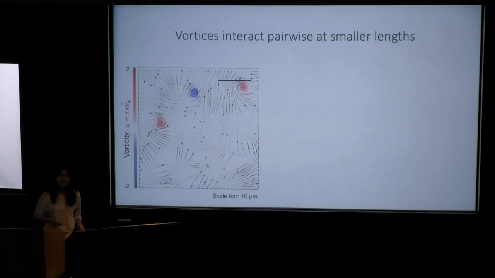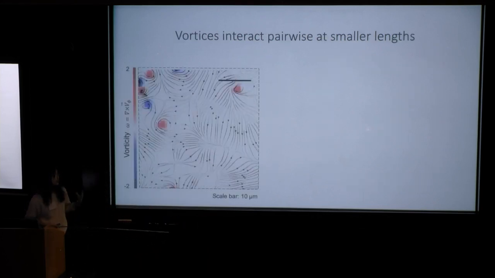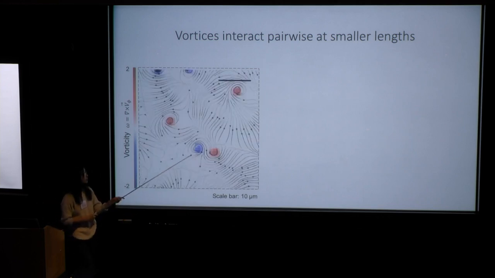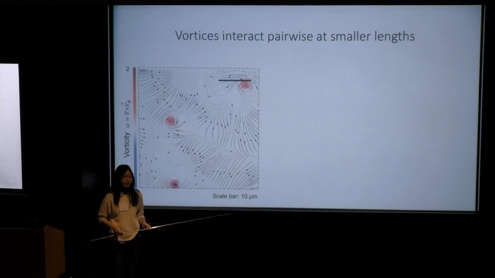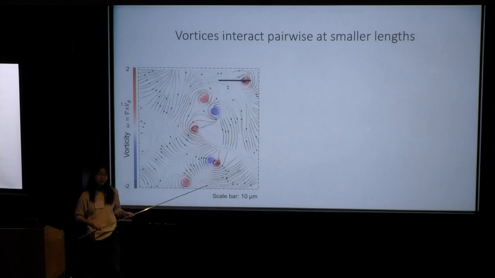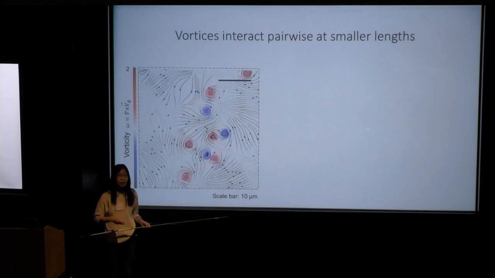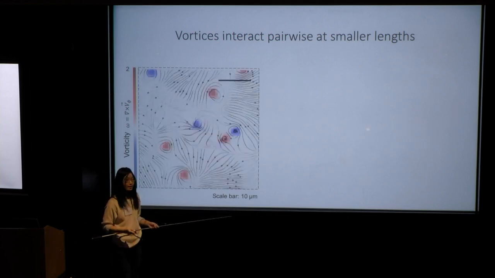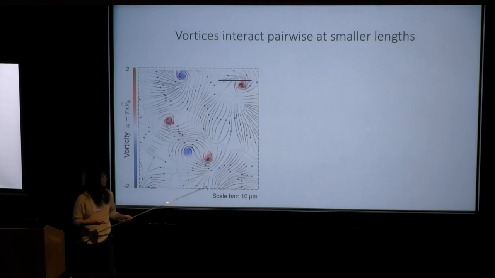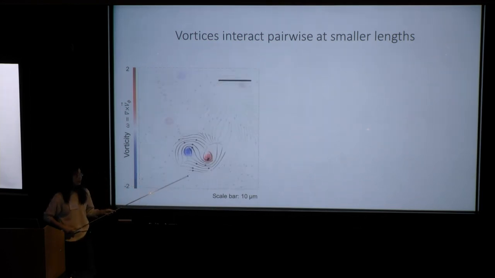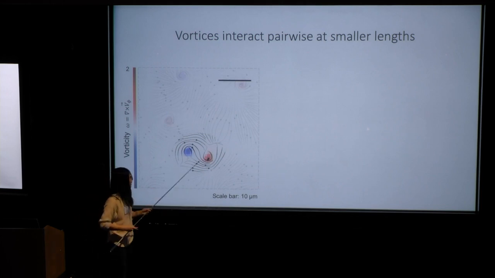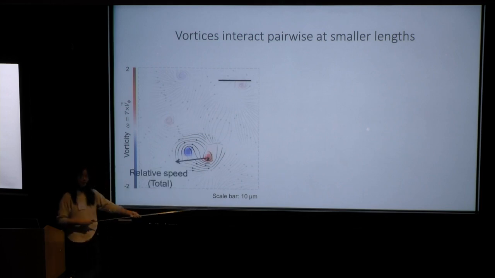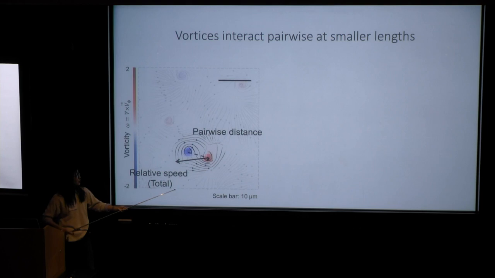When we zoom in to an intermediate length scale, we can see that pairwise collisions between vortex and anti-vortex happen from time to time and significantly affect the individual vortex motion. We can then try to characterize such collision statistics by locating all the pairs of vortex and anti-vortex that eventually annihilated and plotting their relative speed as a function of their pairwise distance.